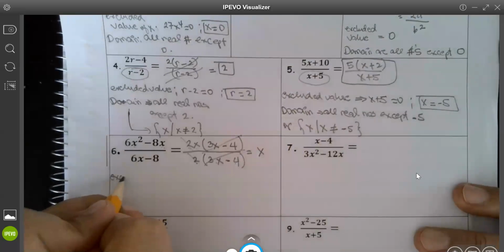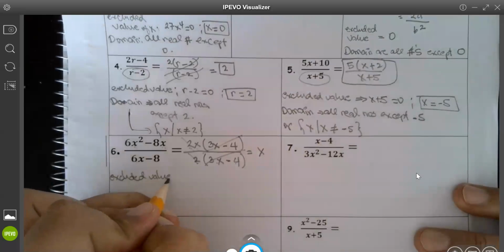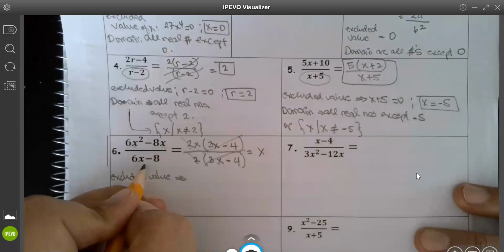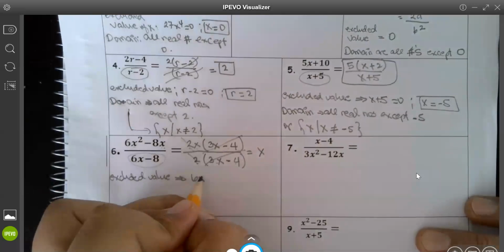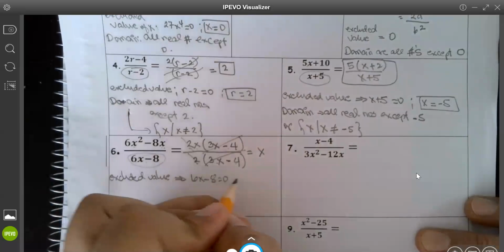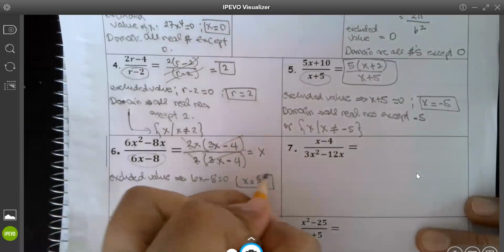Okay, excluded value. Set the denominator equal to 0. So the denominator is this, 6x minus 8 equals 0. So x is equal to 8 over 6.